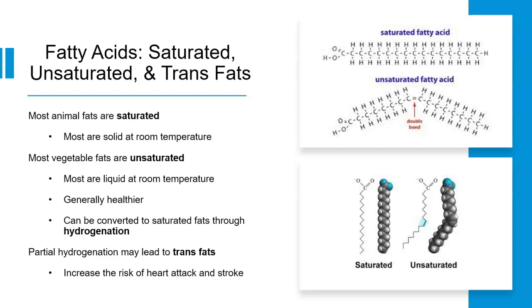Most of the time you can distinguish between saturated and unsaturated by whether or not it's a solid or a liquid at room temperature. So most saturated fats are solid at room temperature. Most unsaturated fats are liquid at room temperature.